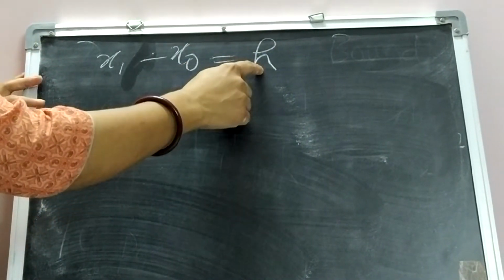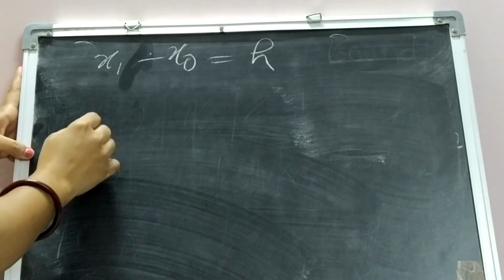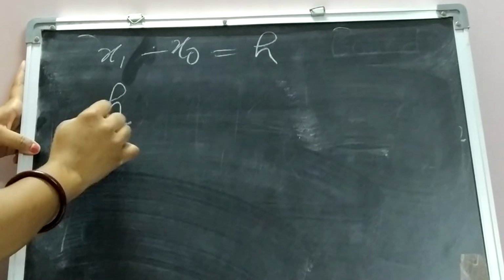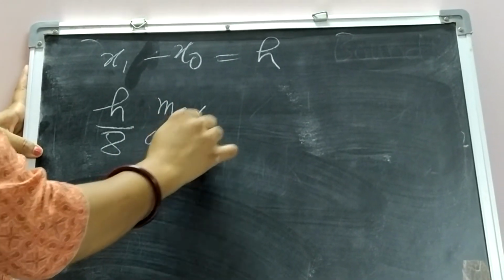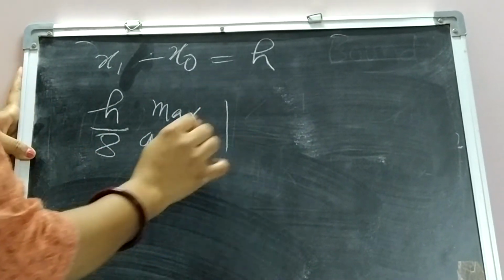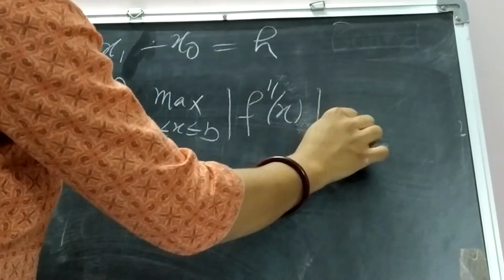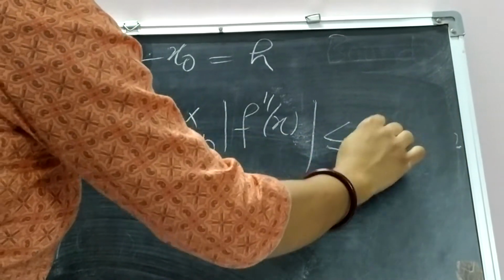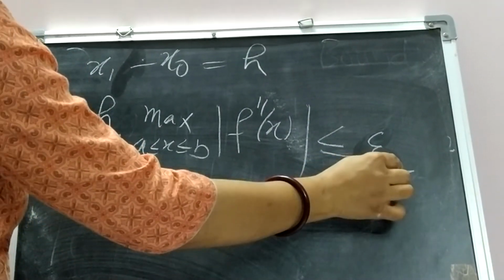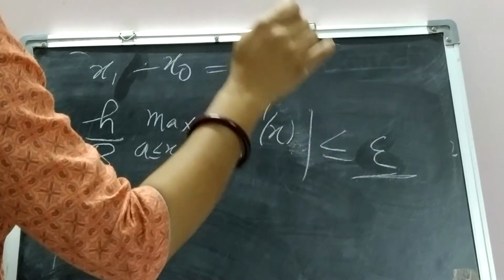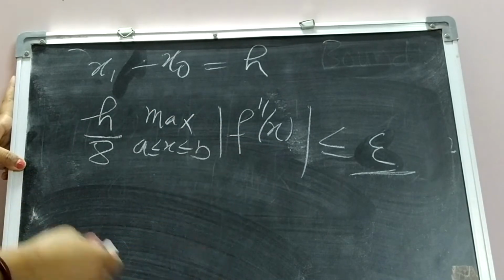If we substitute this into the equation just obtained, we get h squared by 8 times the maximum of mod f double dash x, for x between a and b, should be less than or equal to epsilon. So this epsilon we will identify first and fix it. This much error we can tolerate, and from that we can identify this h.